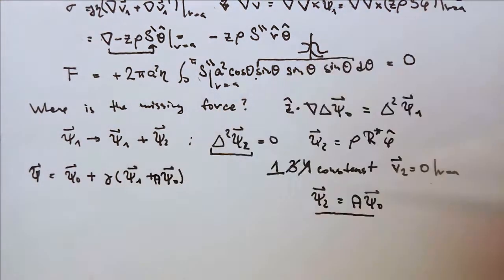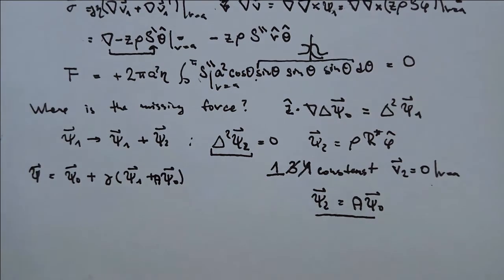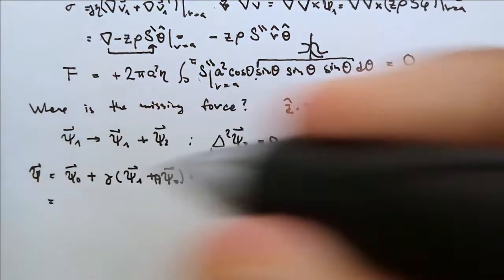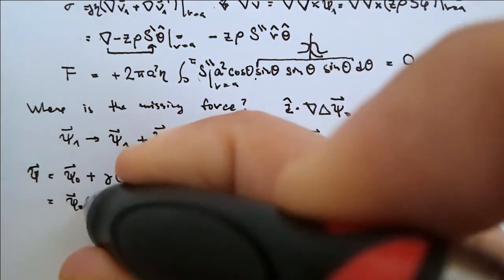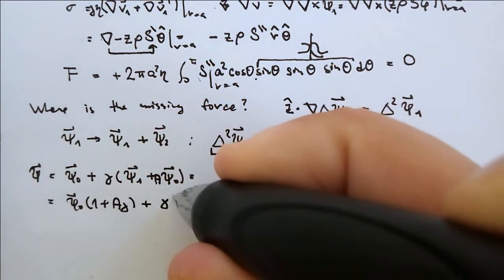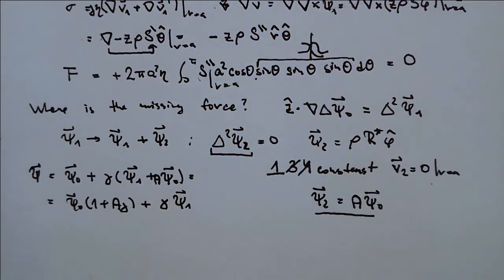We don't know yet the constant a, and you can regroup it like this: psi 0 times 1 plus a gamma, plus gamma of phi 1 if you want.